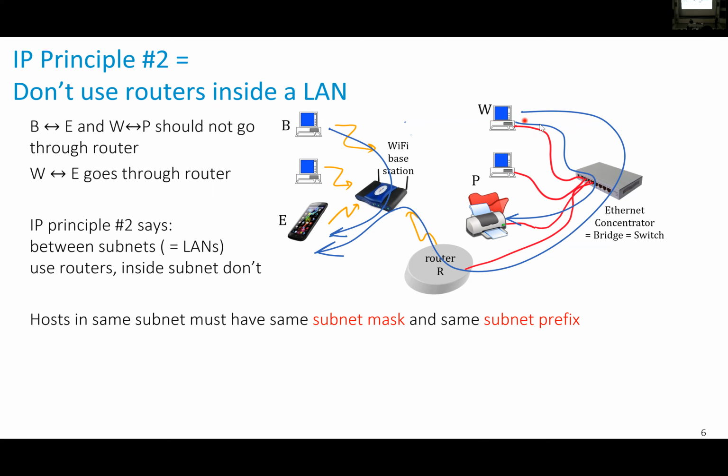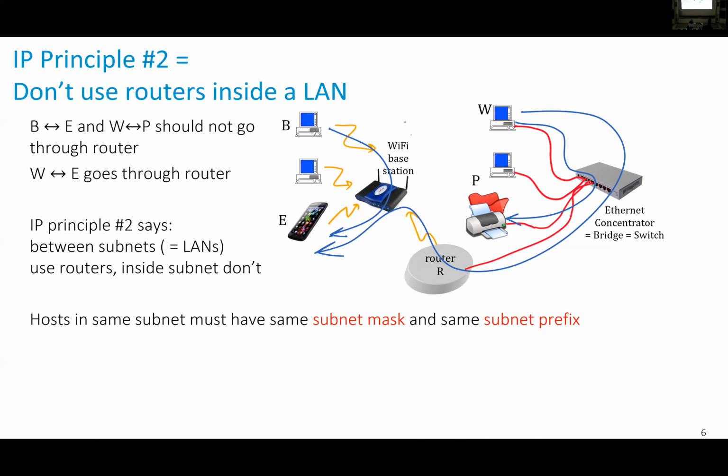But of course, when W talks to E, they should go via the Ethernet concentrator, the router, and the Wi-Fi base station. So the principle says, inside a LAN, don't use routers, but between LANs, of course, you will need to use routers. And a corollary of this is that hosts that are in the same local area network, being in the same local area network is a physical layer attribute.